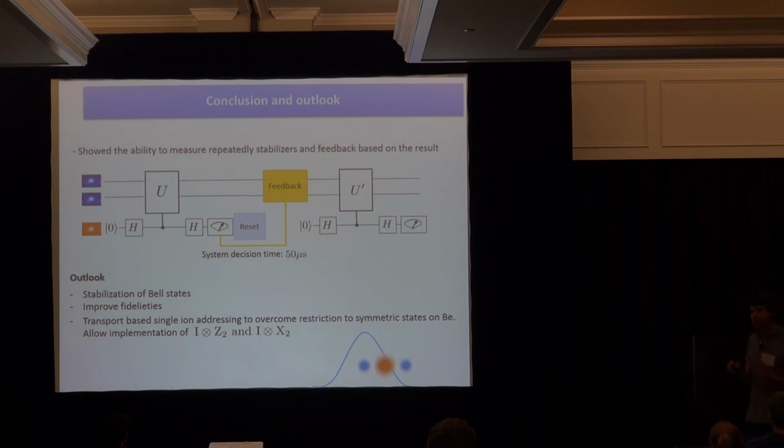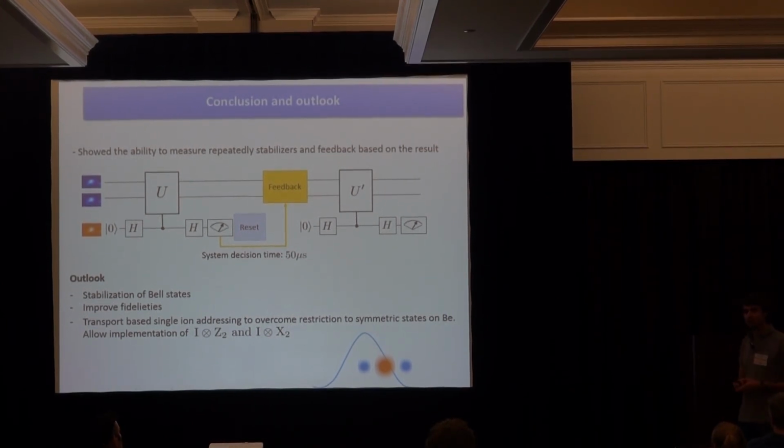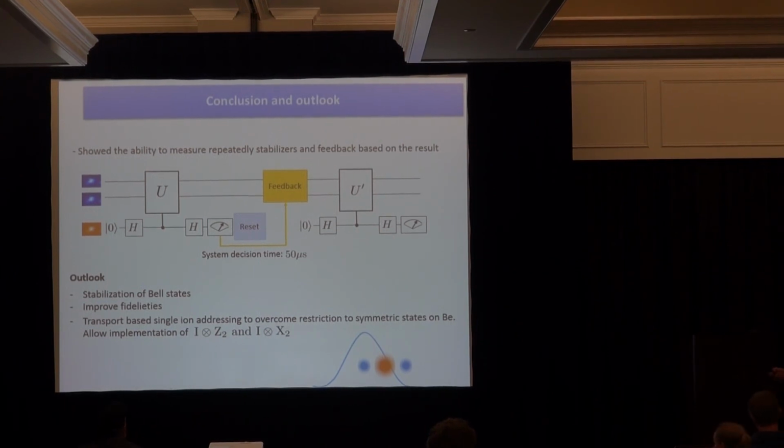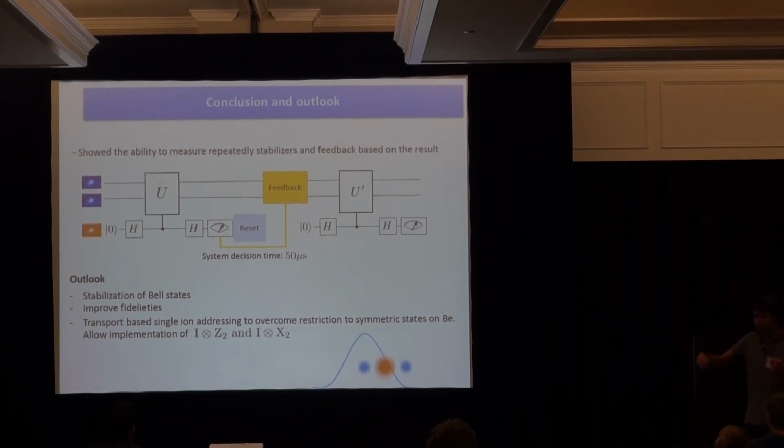So we are going to cheat a bit and have some transport-assisted single ion addressing, meaning that we just translate our ion crystal from the center of the beam. Effectively we have two different intensities for the two beryllium ions. So we do a 2-pi rotation on one and a pi rotation on the other one.